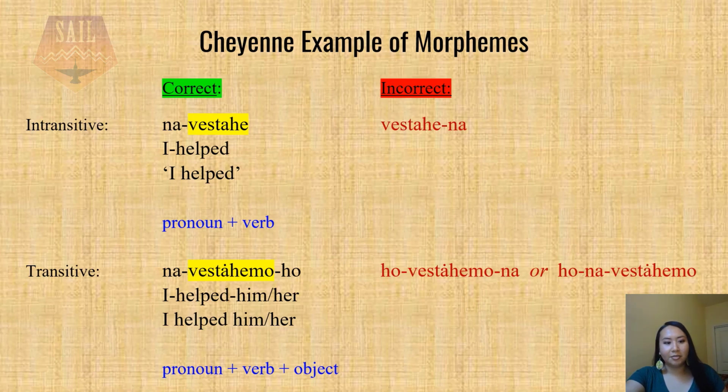In the Cheyenne example here, to say the phrase I helped Navista, it is an intransitive phrase that goes pronoun plus verb. To say I helped him or her, Navista mo, it is a transitive phrase that goes pronoun plus verb plus object, or in this case an obviative, which we won't go into detail right now.